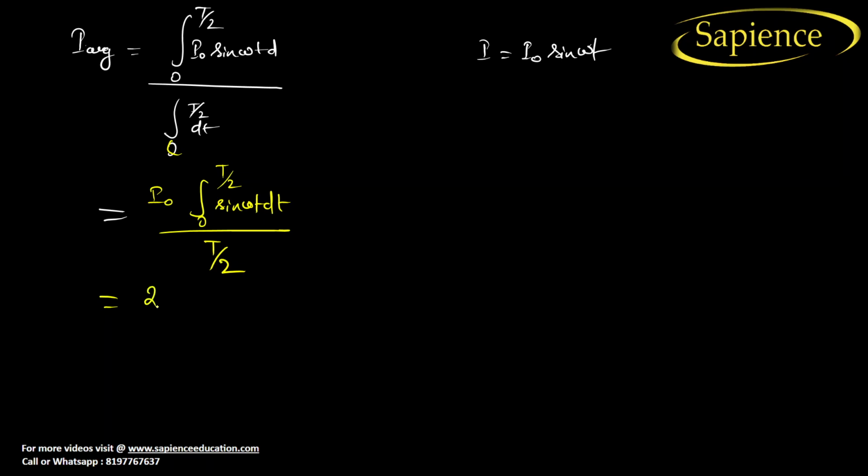So finally we get 2 I naught divided by T, and the integration of sine omega t will be minus cos omega t divided by omega, with limit from 0 to T by 2.